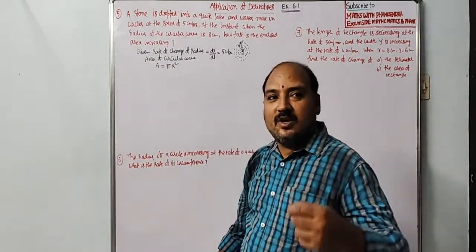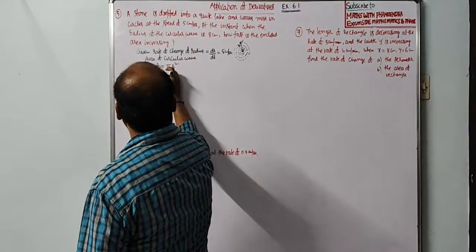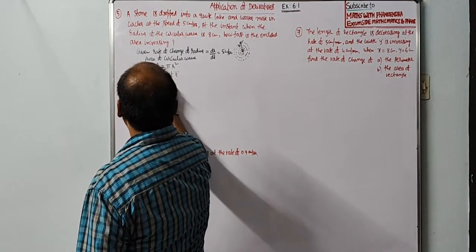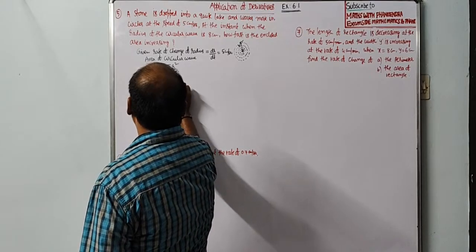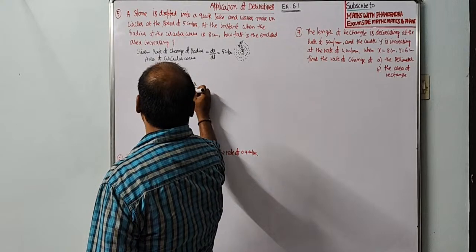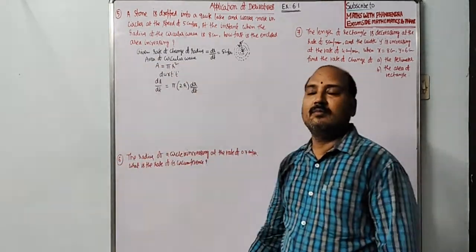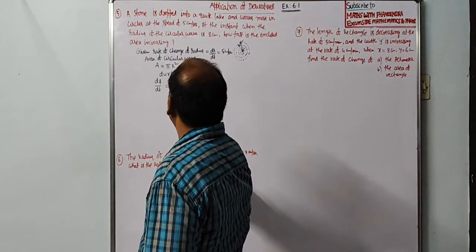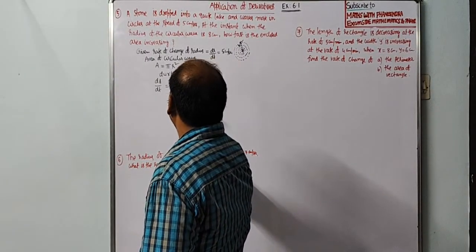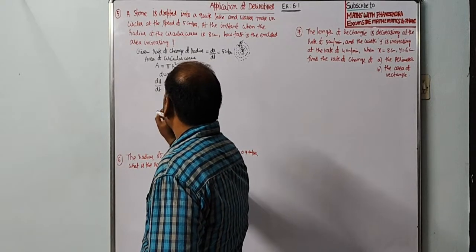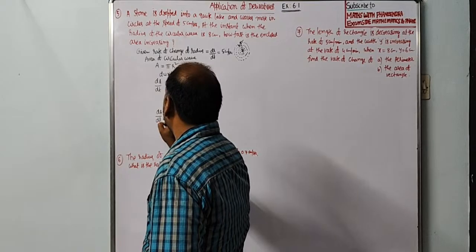Okay, so differentiate with respect to t. dA by dt is equal to pi into r square, derivative is 2r, again r derivative is dr by dt. It is given that dr by dt is 5. So 2 pi r into 5, which is equal to 10 pi r.